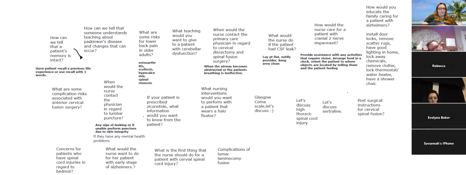So we want to look at the pin sites for infection. What else would we do? Monitor the skin integrity, like right here on the shoulders. Make sure that there's no skin breakdown. Very good, because it rests on the back, the shoulders, the chest. So we want to do a really good skin assessment. Very good.